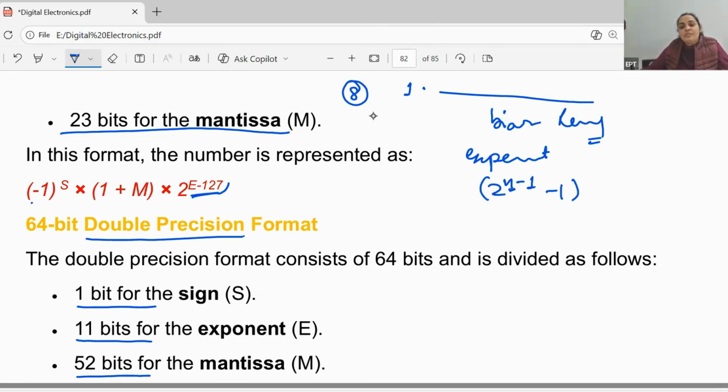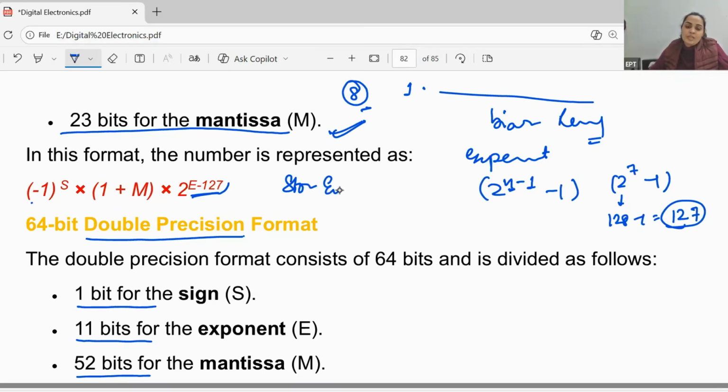Here n is 8, so 2 raised to power 7 minus 1, that is 128 minus 1, so the bias value is 127. The stored exponent value equals the real exponent value plus the bias value.